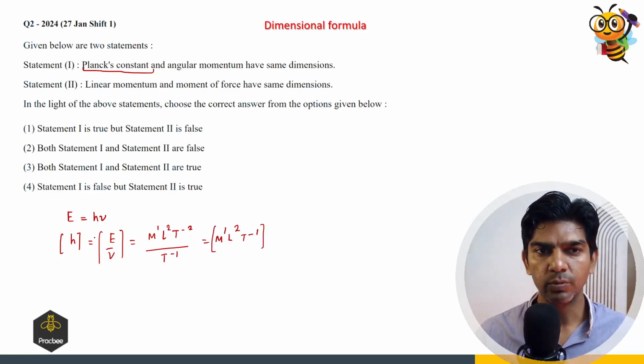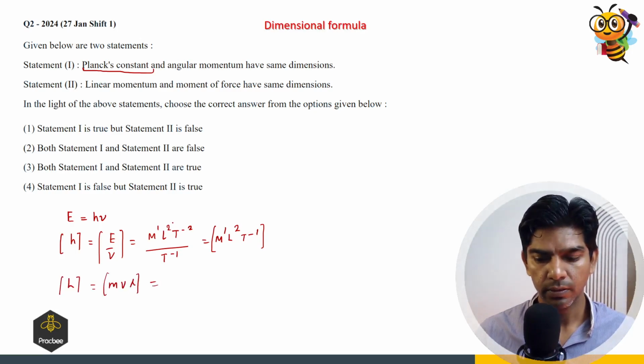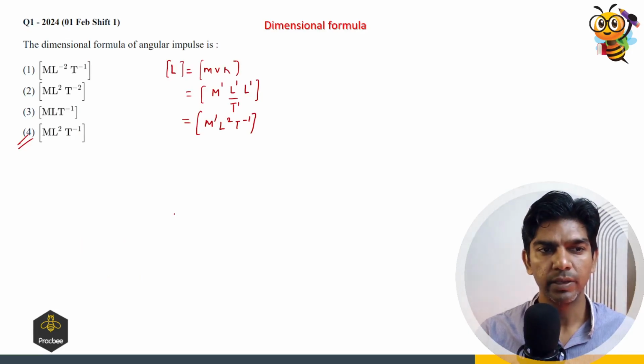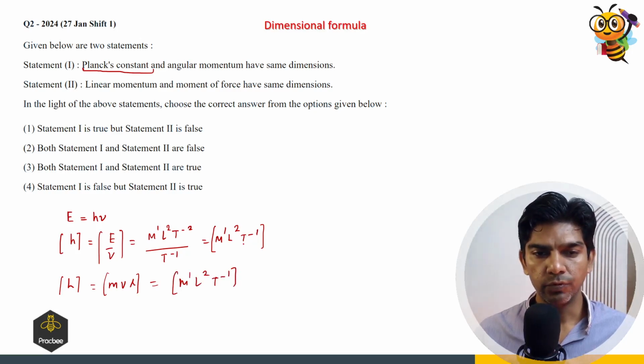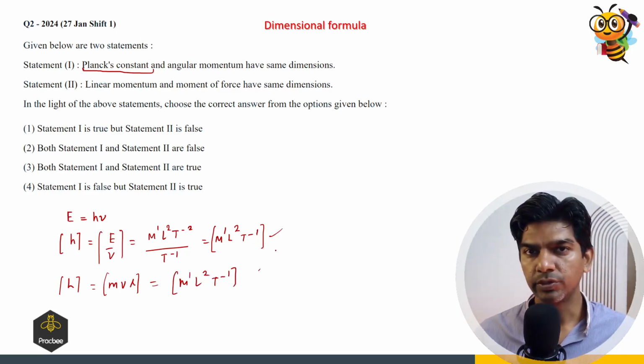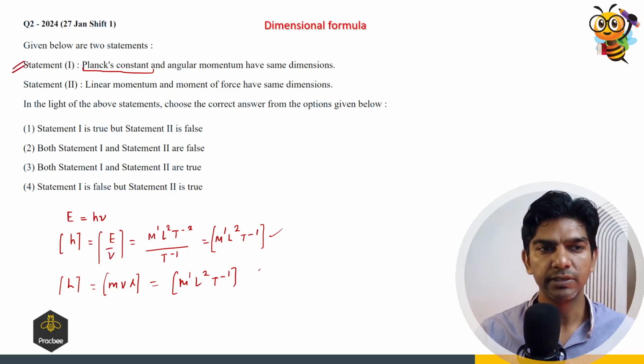Now for angular momentum, we're going to use mvr. We have just calculated this in the last question, and it was M L2 T raised to power minus 1. So if you compare their dimensions, yes, their dimensions are the same. So statement 1 is correct.